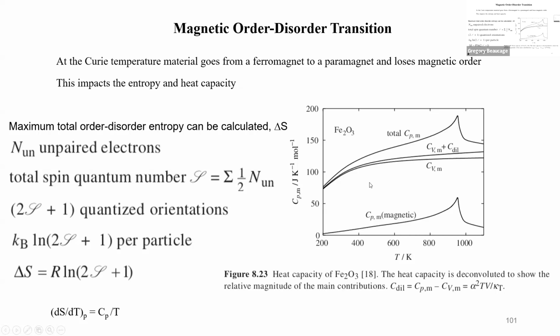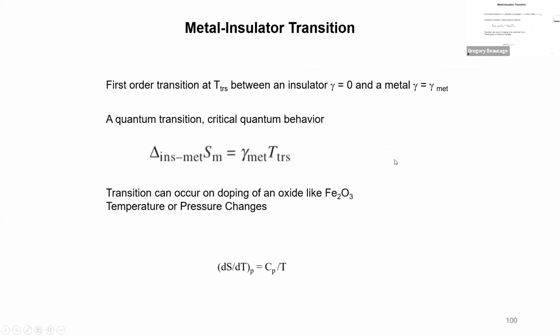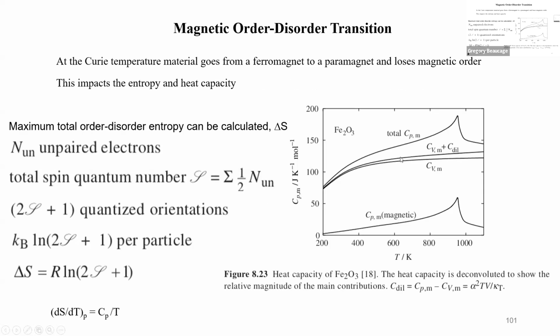So that's got a peak in it. And he's just saying you can break apart the insulator-metal transition, and you can break apart the magnetic contribution to it. And this diluent part, I don't remember what that part is. That's just the difference between CP and CV, I guess. But anyway, there are 3 parts that add up to get the heat capacity dependence of this iron oxide.